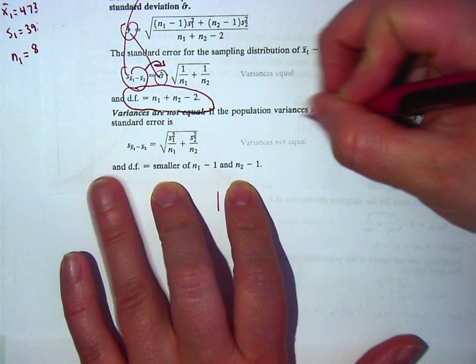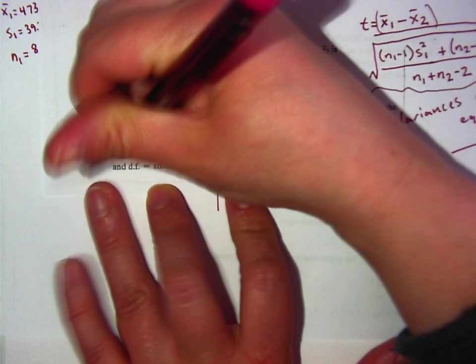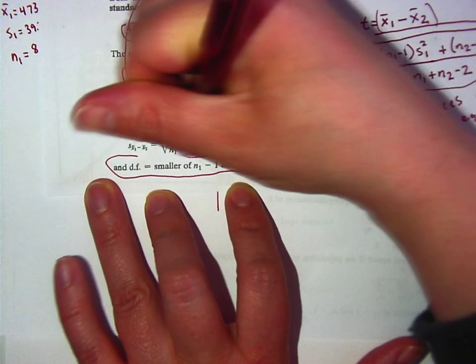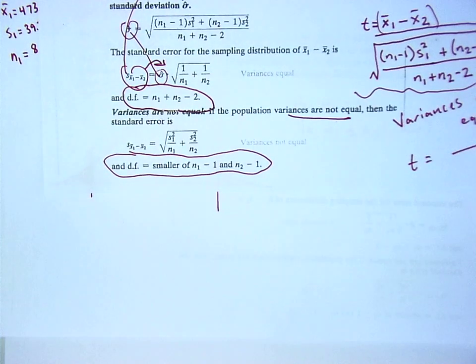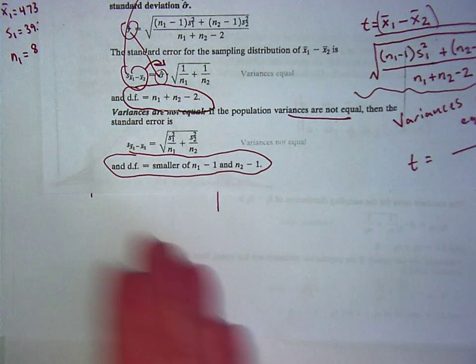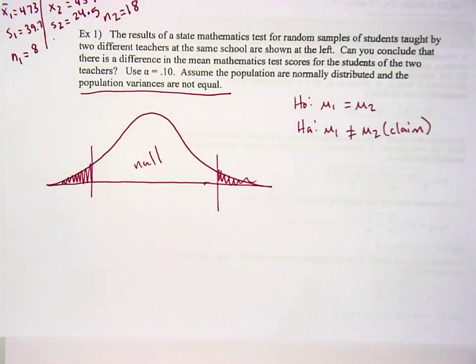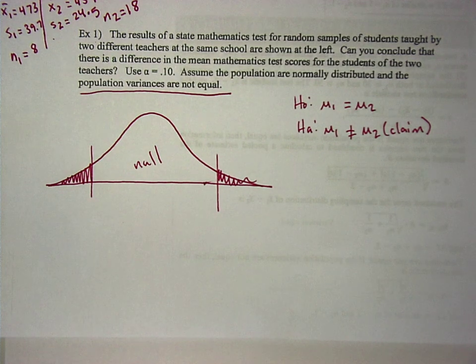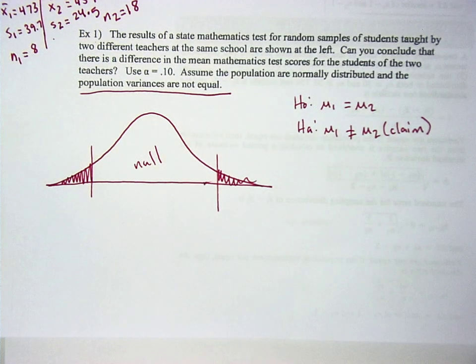But if the variances are not equal, it's whichever one's smaller. Do you guys remember how the degrees of freedom used to be your sample size minus 1? It's still your sample size minus 1, it's just whichever one's smaller. So now go to A18. Which one's smaller, 8 or 18? 8, and then we're going to minus 1, so now our degrees of freedom is 7.